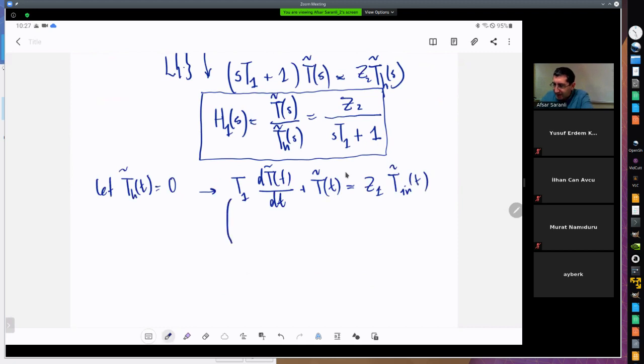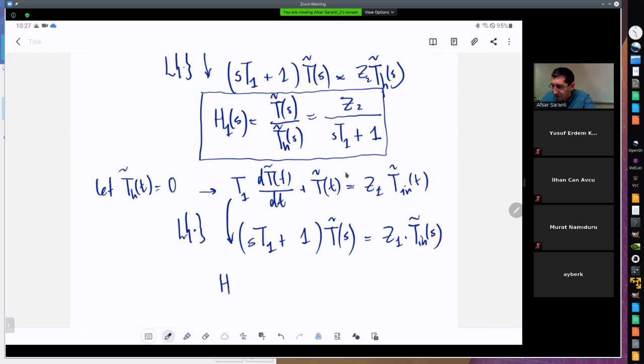Take the Laplace transform, and I'm going to have s T1 plus 1 times T tilde of s equal to z1 times T in tilde of s. And that gives us the second transfer function, T tilde of s over the second input, the disturbance input, again the delta variable, and that's equal to z1 over the same denominator, mind you.